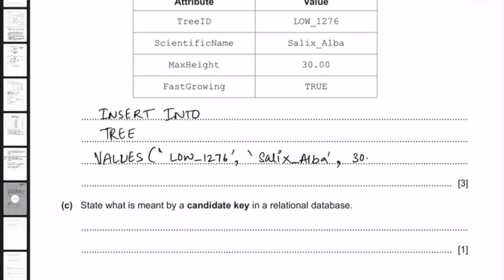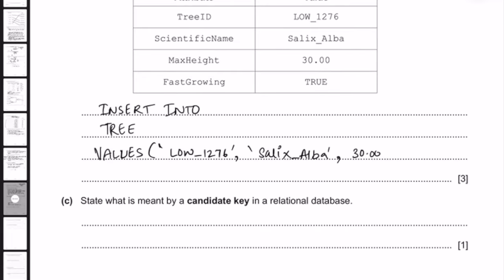We don't need to add the quotations because it's just a numerical value, and we don't need to for the boolean value either. Don't forget the semicolon.